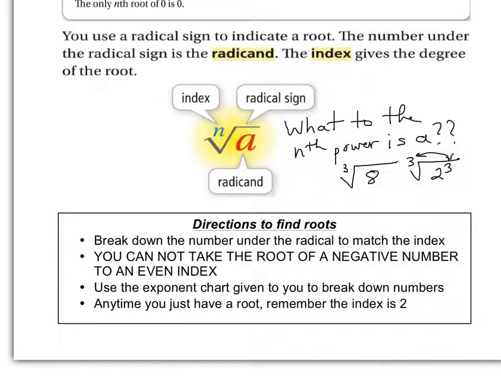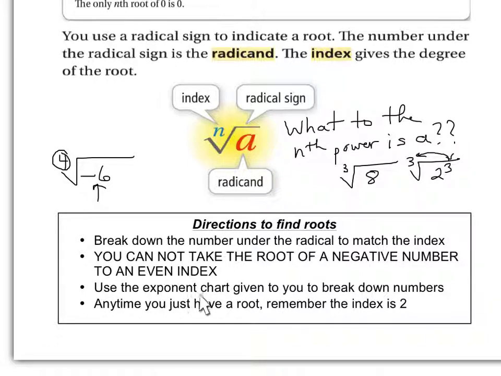If a happens to be negative 6 and I want to take the fourth root of negative 6, this number is positive, so this number can never be negative. Ever. That's why I have that in capital letters.